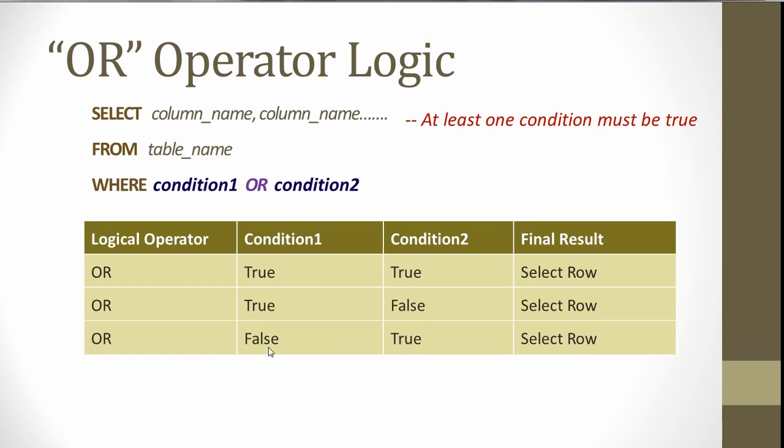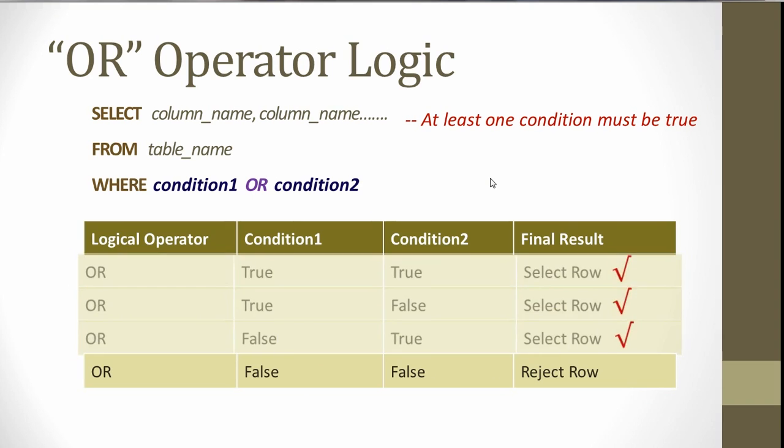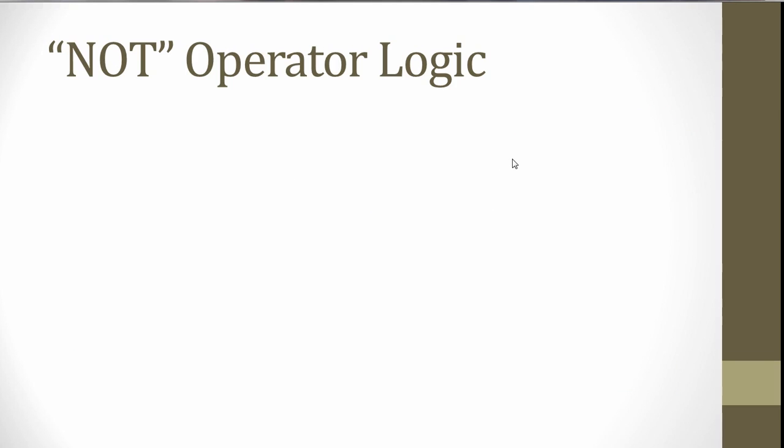Same case with condition 1 false, condition 2 as true. Now if both are false, that's when we actually reject the row selection, and our result set won't include a particular row if both the conditions are false. So that's how the OR operator works. In all the first 3 cases, we select the rows, and in the last case, of course, we reject the row. Now let's look at the NOT operator logic.